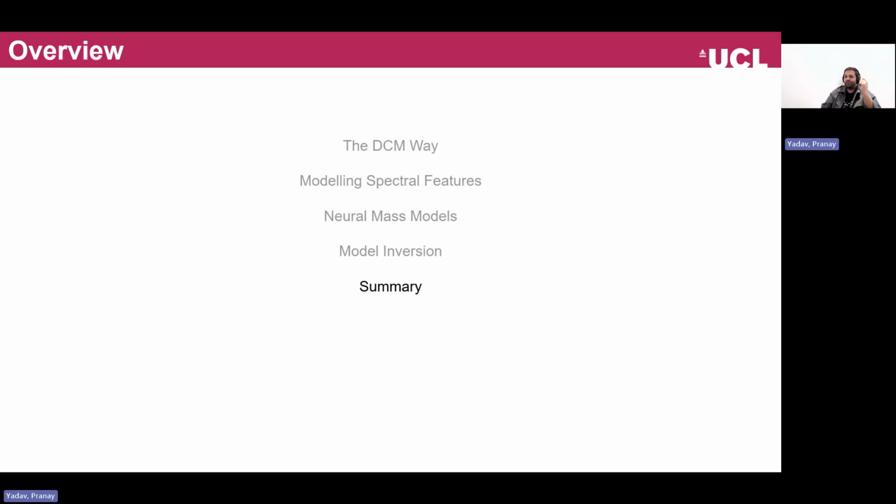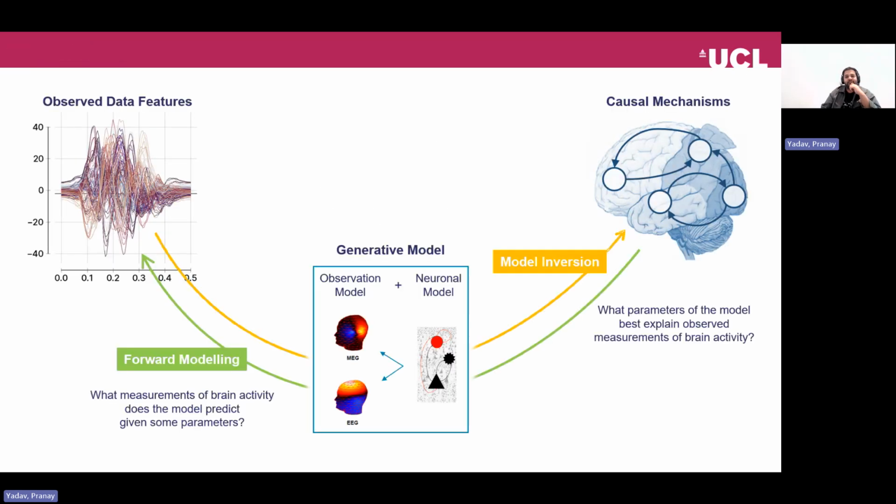So we've reached the end of our discussion. To summarize, we've looked at the generative model in DCM. We built a neural mass model stepwise. We saw different variations of these models. We saw how they can produce power spectra after linearizing them and looking at their transfer functions.